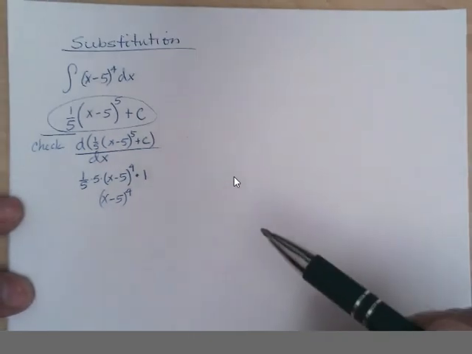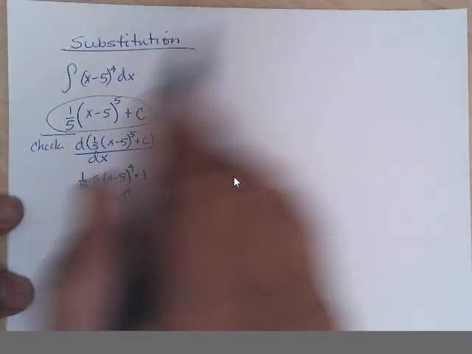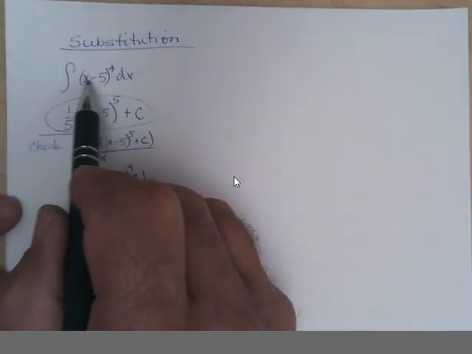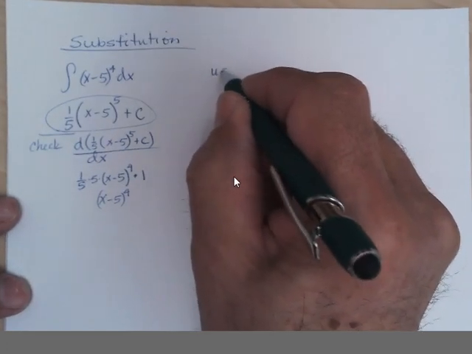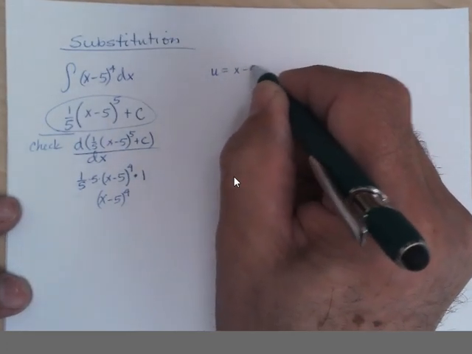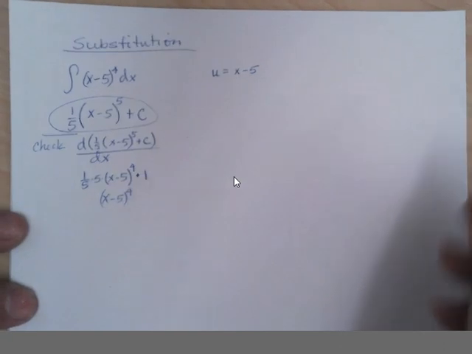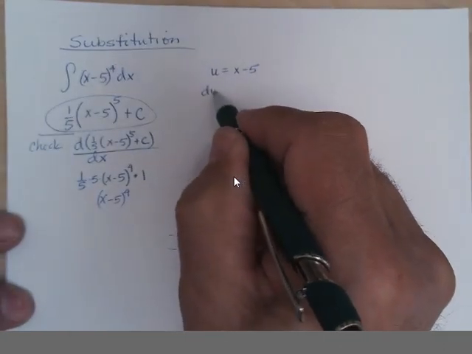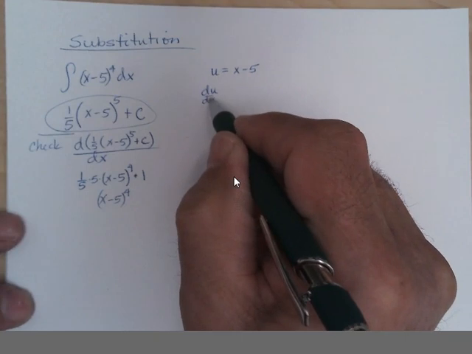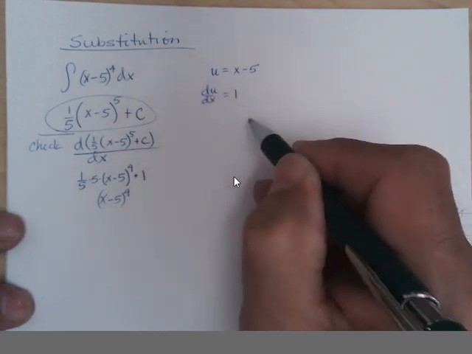Now let's do it using substitution. What's making this a little hard to think about is that x minus 5. So we let u equal x minus 5. If I take the derivative of this, du with respect to x, I get 1.